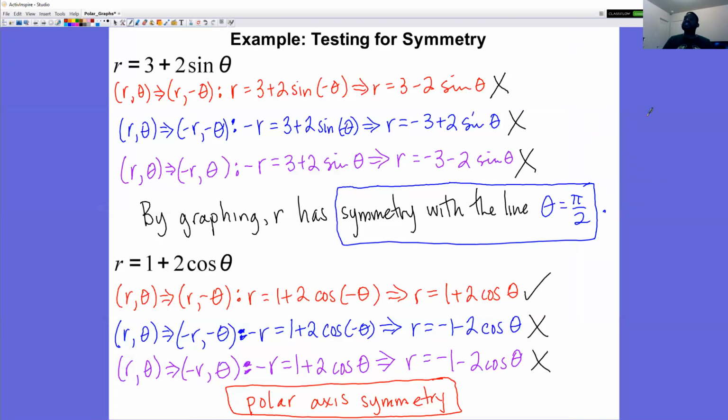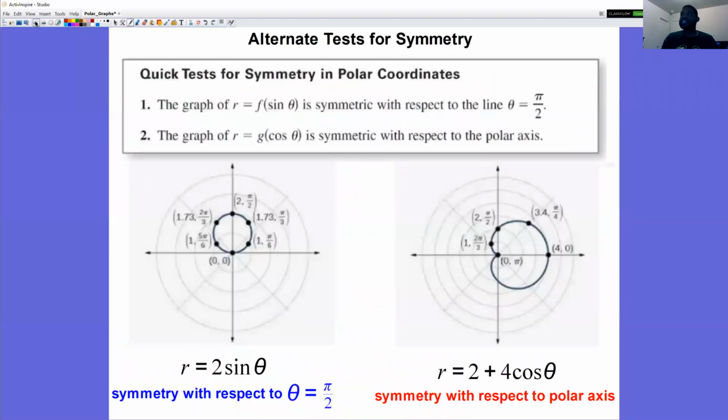So as you can see, this procedure is not always certain to give us the answer. However, we can use these quick tests for symmetry. These quick tests are going to help us later with determining what type of symmetry a graph will have.